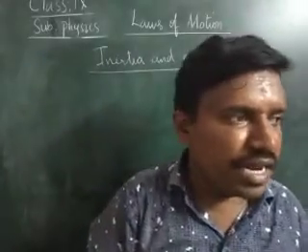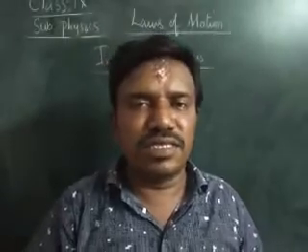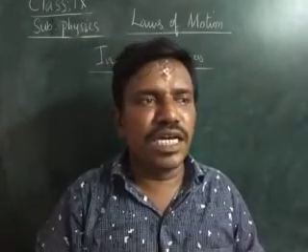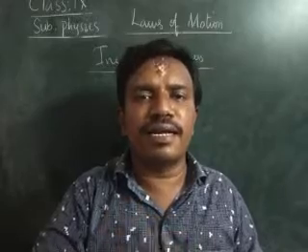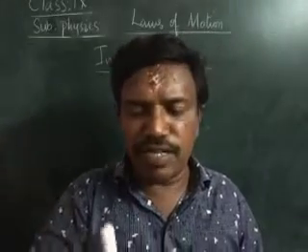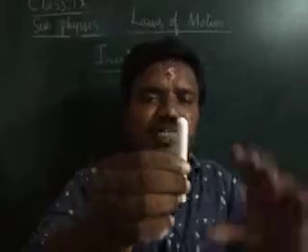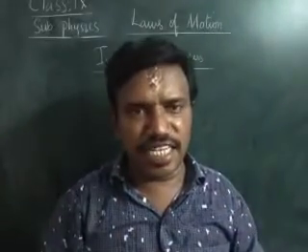And what do you mean by mass? Mass is defined as the amount of matter contained in a body. Take a chalk piece: what matter is present? Calcium carbonate, CaCO3.